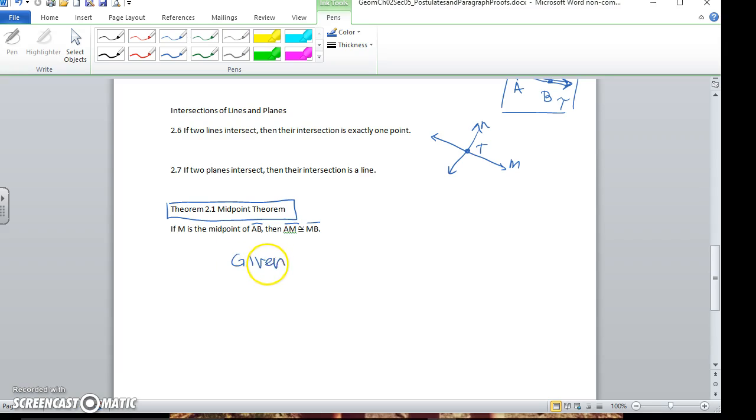You'll have a given, which is also called a hypothesis. That will be our step 1: figure out what the given is, and usually it'll say given. Then think about, okay, what does the picture look like? What theorems will go with this?